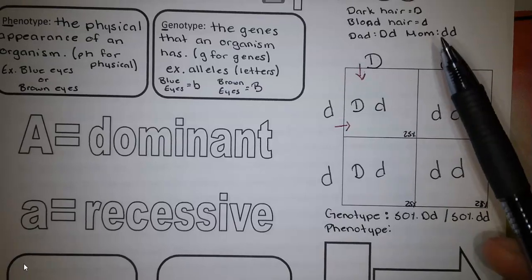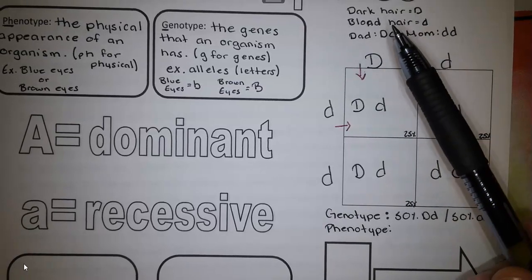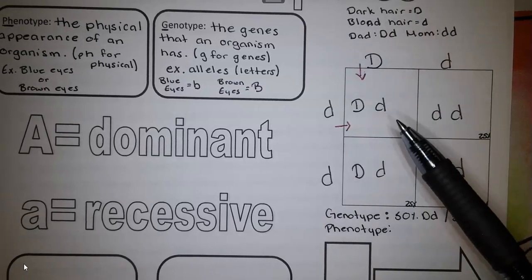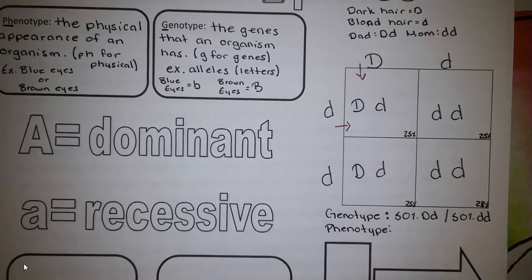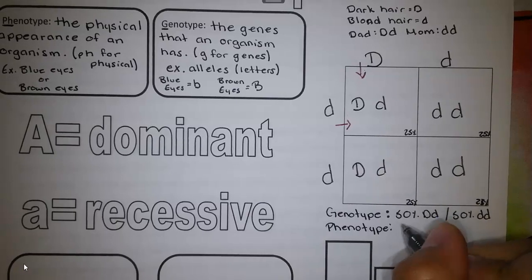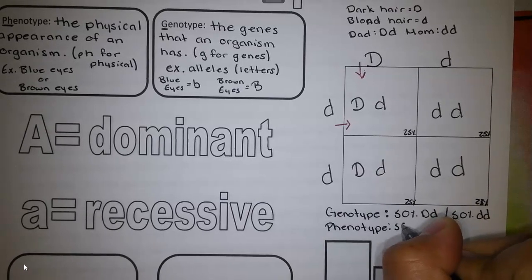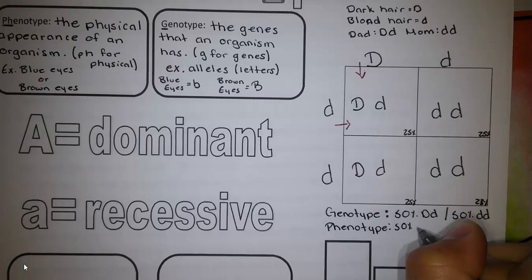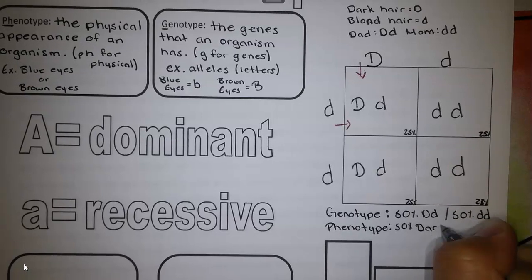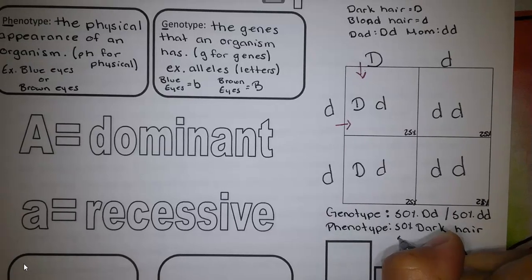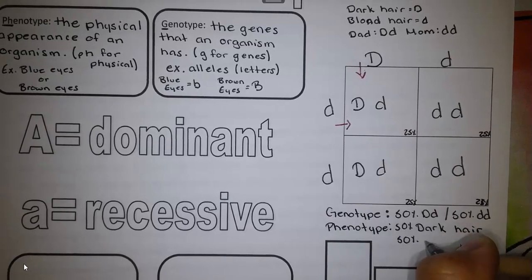So remember that dark hair is dominant over blonde hair, which means that the organisms that have a capital D are going to express that dark hair, which means that 50% are going to have brown hair or dark hair. And 50% are going to have blonde hair.